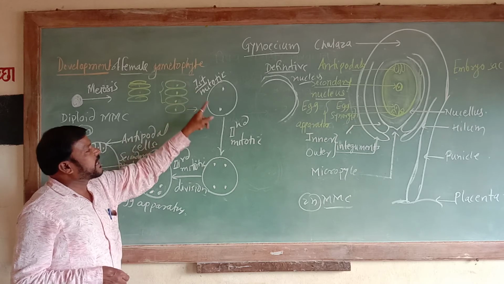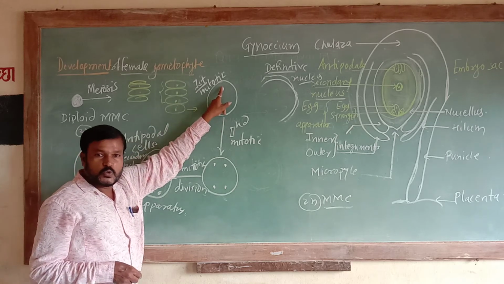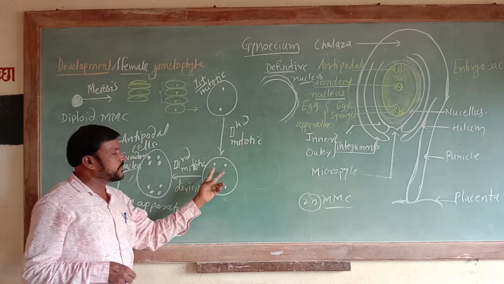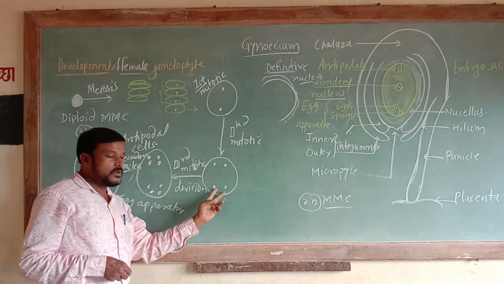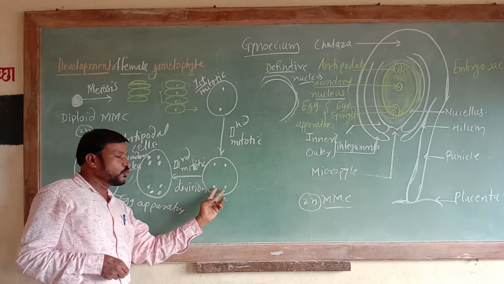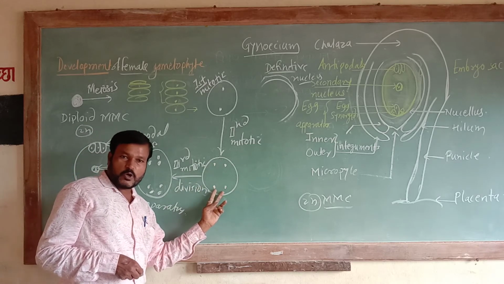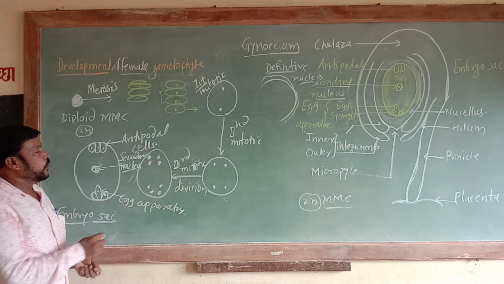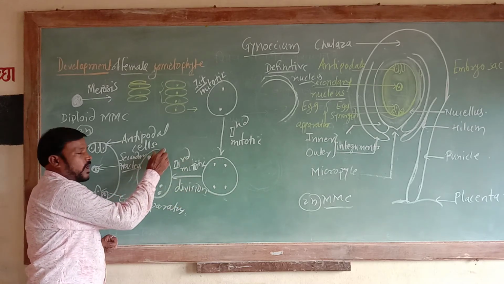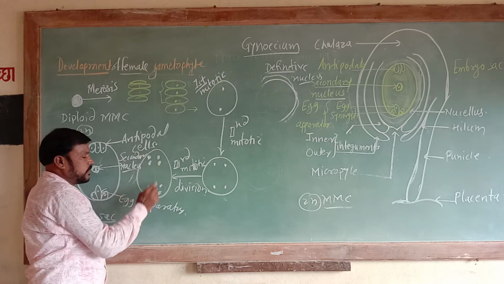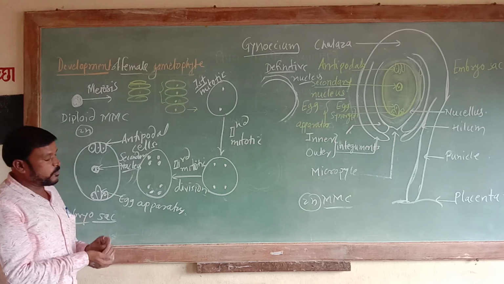This undergoes the first mitotic division and gives rise to 2 nuclei. Then these 2 nuclei, after the second mitotic division, give rise to 4 nuclei, 2 towards the chalazal end and 2 towards the micropylar end. After the third mitotic division, 4 migrate towards the chalazal end and 4 towards the micropylar end.